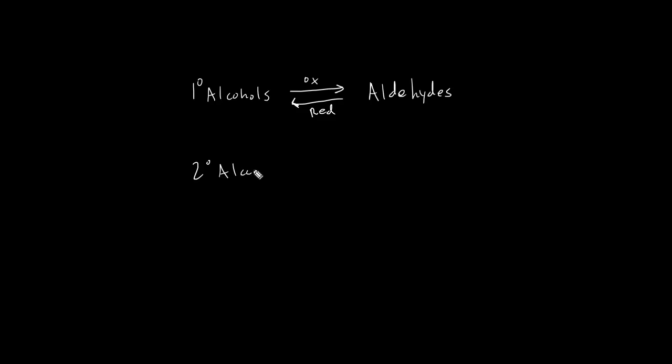Secondary alcohols can be turned into ketones through oxidation. Ketones can be turned into secondary alcohols through reduction. And then remember that there is no special circumstances here as far as the oxidation and the reduction.